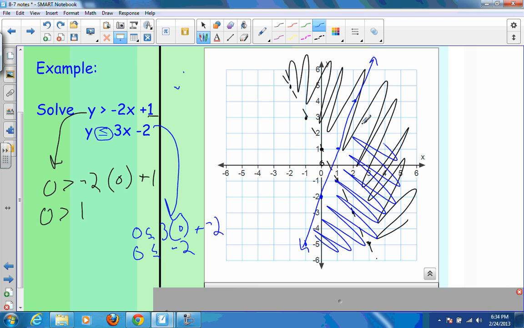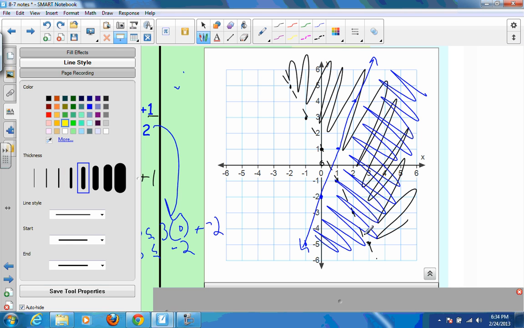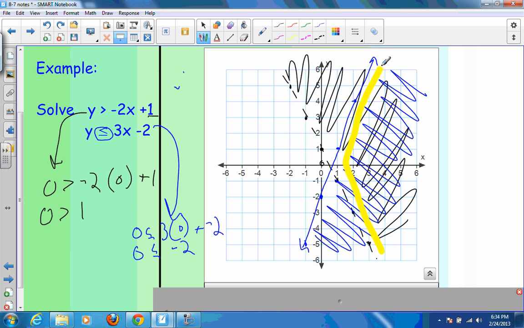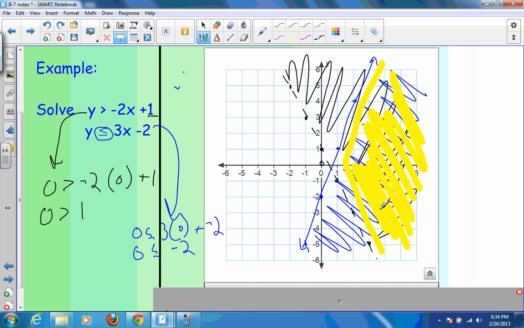I would have a double shaded region. The shaded region, the part of my answer that is the solution, is the overlap. So the overlap here is everything that I have now shaded in yellow. Any point in this area, I could plug into both inequalities and get a true statement out.